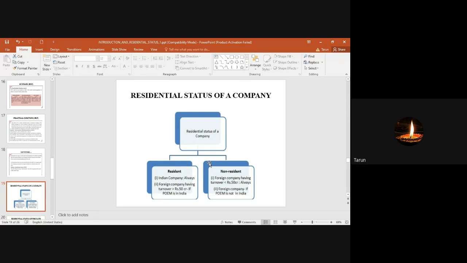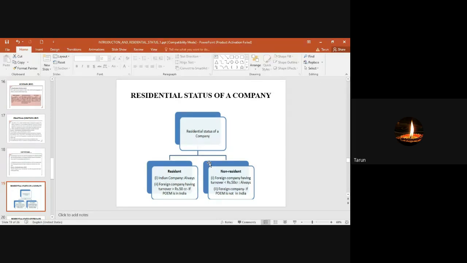Non-resident: we consider a foreign company having a turnover of more than 50 crores. So if we talk about non-resident, we always talk about foreign companies, we cannot talk about Indian companies, right? So if a foreign company's turnover is more than 50 crores, it becomes a non-resident because the business affairs will not be situated in India. It's outside India, right?